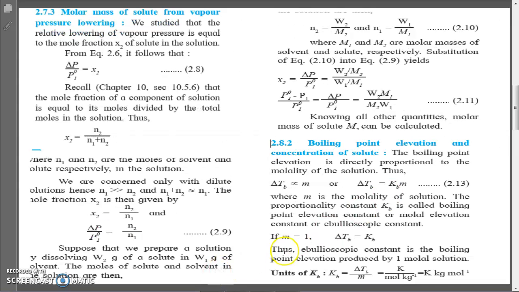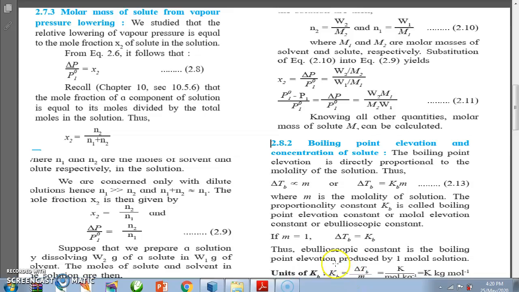If m is equal to 1, then ΔTb is equal to Kb. So the ebullioscopic constant is the boiling point elevation produced by a 1 molal solution.